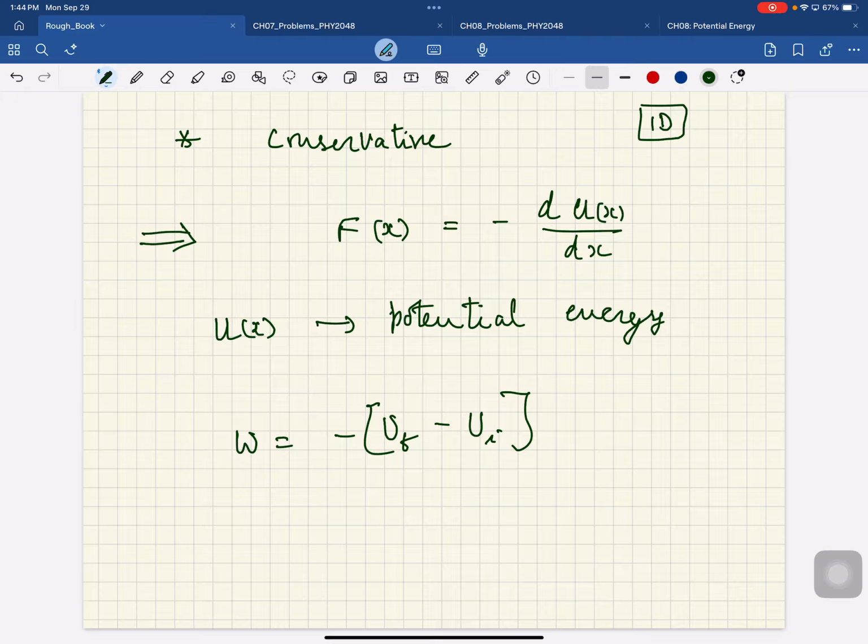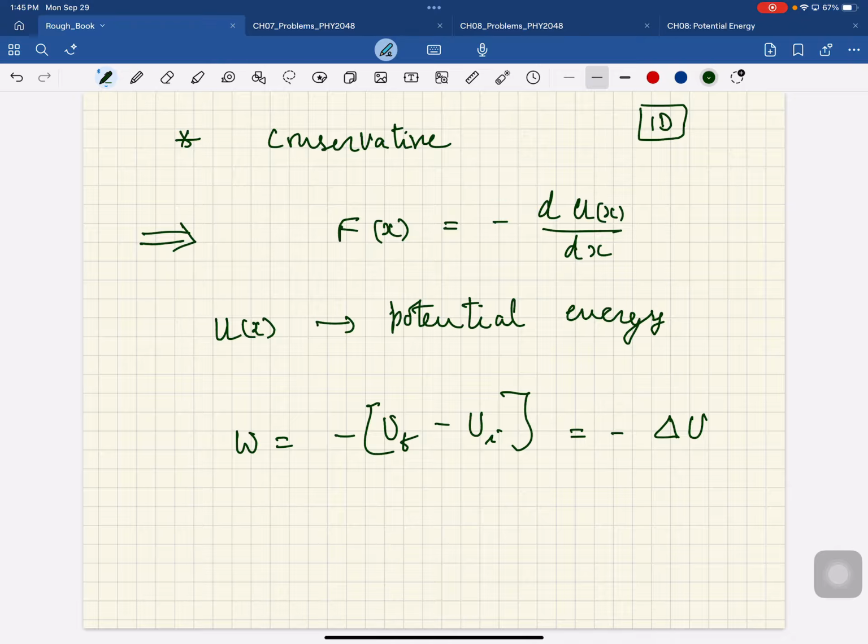Do you write that as U final plus U initial, or is it like x separate negative? Okay, yeah, the reason we write it like this is a quantity taken at the final point minus the quantity taken at the initial point. That is the change in value of the function. So that's why we like to write it like that. Okay, so work done is negative of the change in potential.